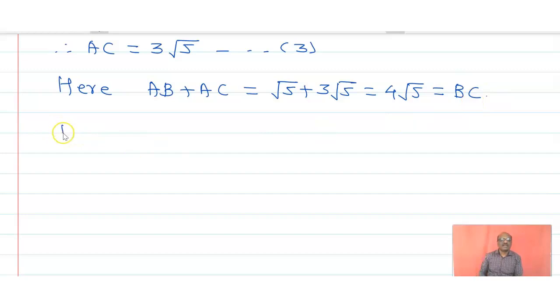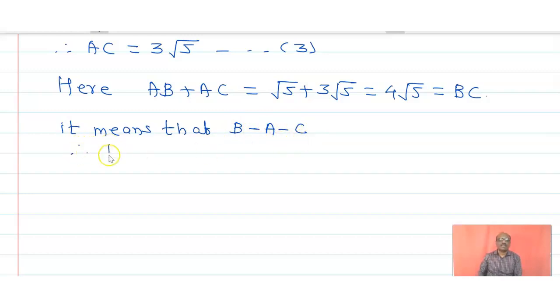It means the betweenness is like this: B, A and C.